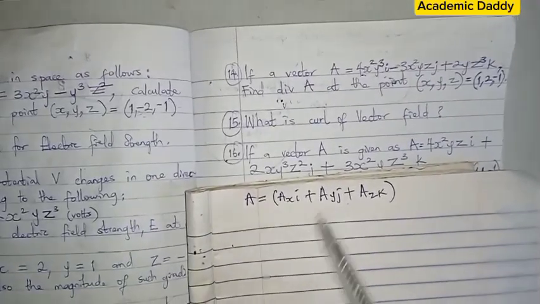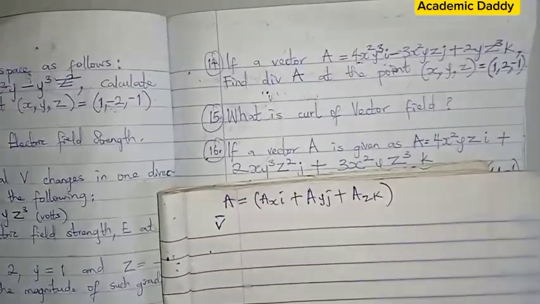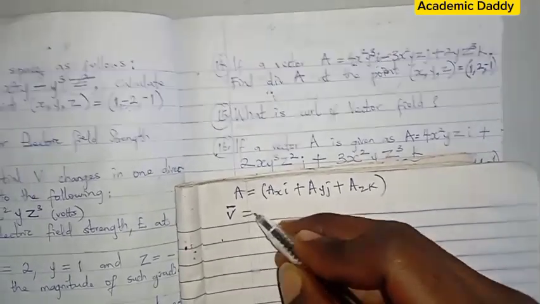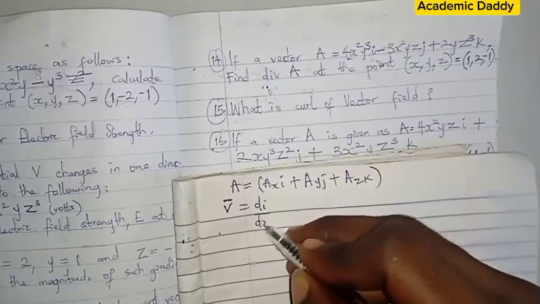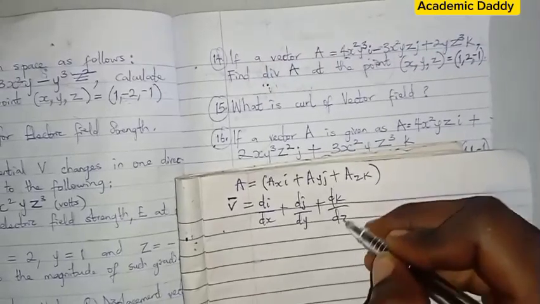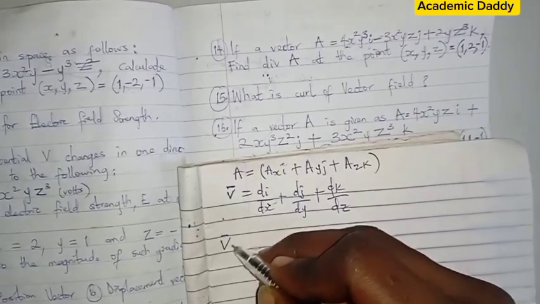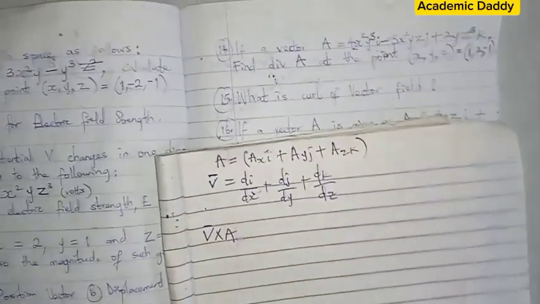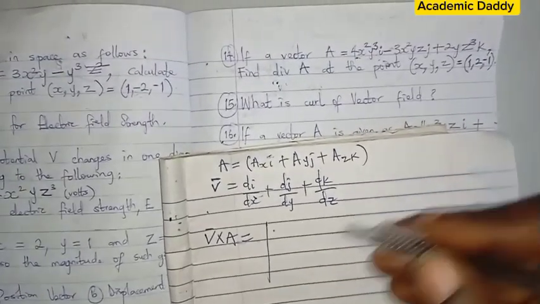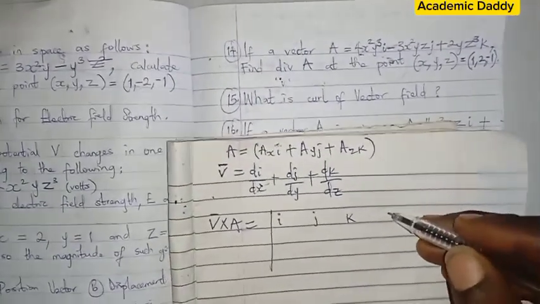Once I see a vector that has its directions, we need to remember that this function, which we'll call the del operator, or let's use derivative, it means differentiation, is given by d over dx i plus d over dy j plus d over dz k. When we cross this with A, we say that curl of the vector will be this function cross A, which is the same as the determinant of a matrix of the vector field.